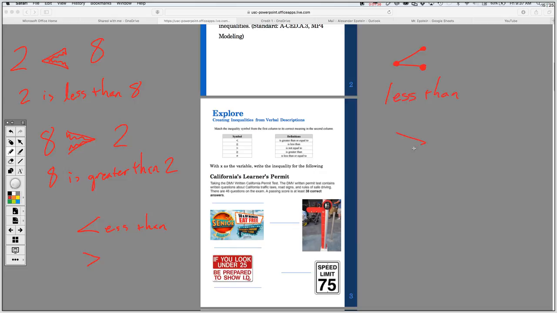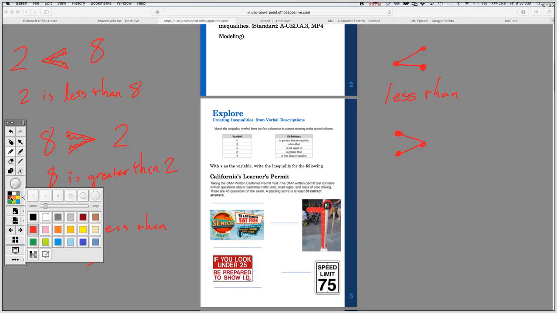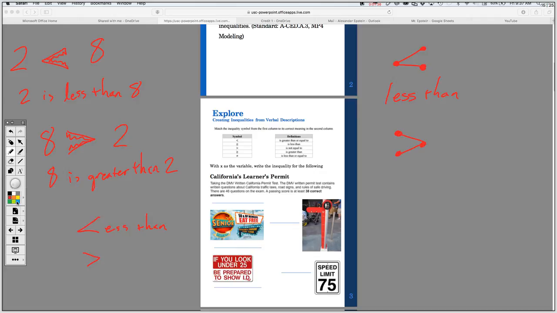So read from left to right. This side here is greater than the right side. So you read the left part first. So it's greater than when comparing to that point.